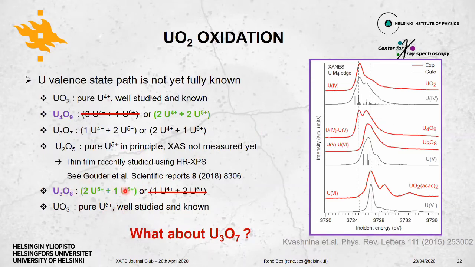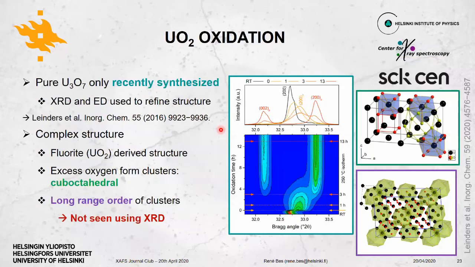And for U3O8, it was a mixture of 5+ and 6+, as demonstrated. One question was remaining, U3O7, and actually we were able to synthesize pure U3O7 samples, which was not reported before.